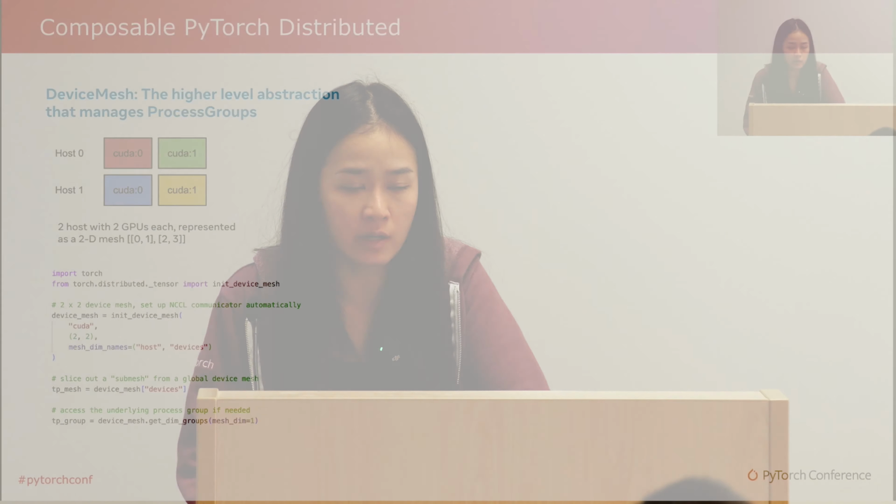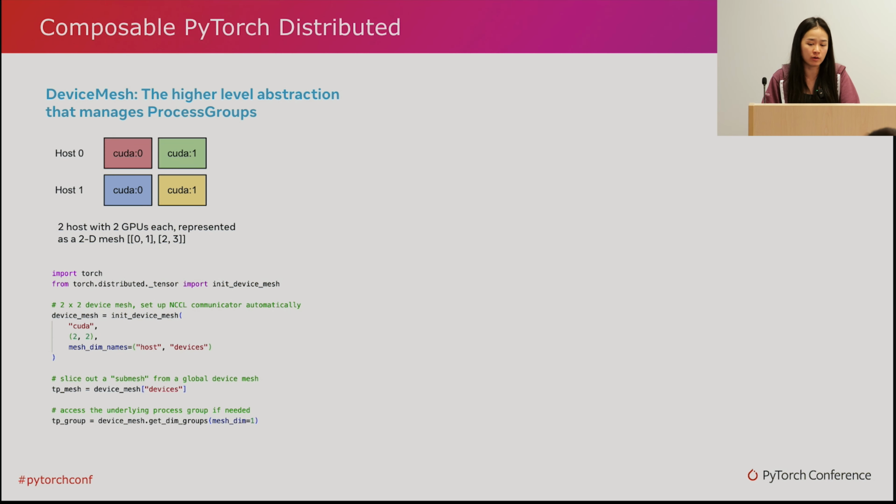Now I want to go into our UX for trainer initialization as well as a backend powering our Tensor Parallel APIs. So to better support composable distributed training initialization, we're introducing DeviceMesh. DeviceMesh is a higher level abstraction that manages process groups. It allows the user to easily create inter-node and intra-node process groups without worrying too much about how to set up the ranks correctly and how to manage sub-process groups as well.